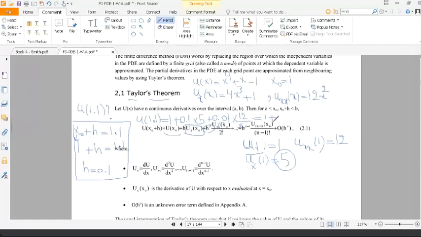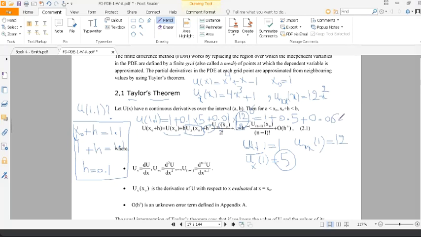It is 1 plus 0.1 times 5, which means 0.5, plus 0.01 times 12 over 2, which is 6. 6 times 0.01 is 0.06.